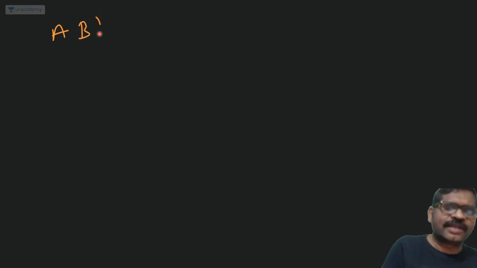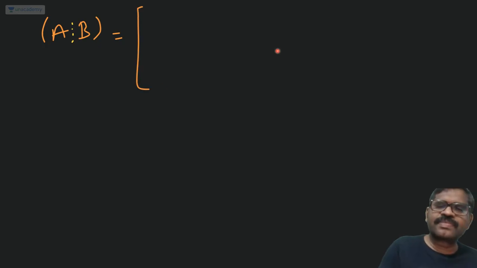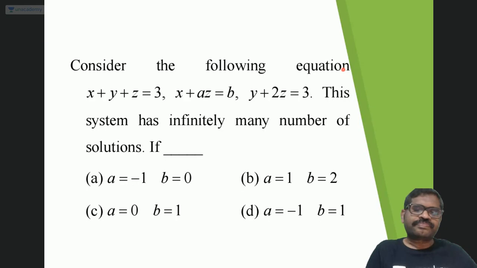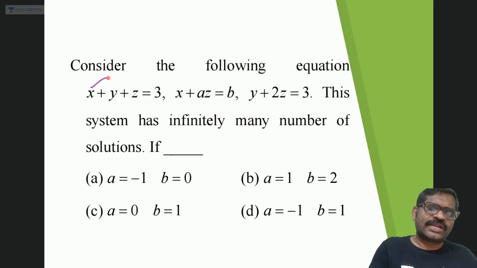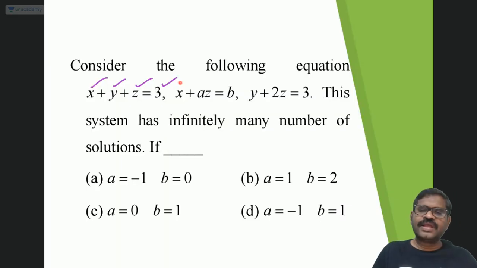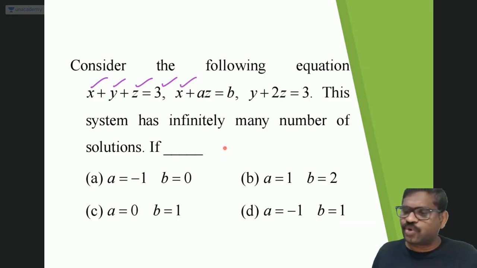Consider the augmented matrix AB. One, one, one, three. Y coefficient is 0.